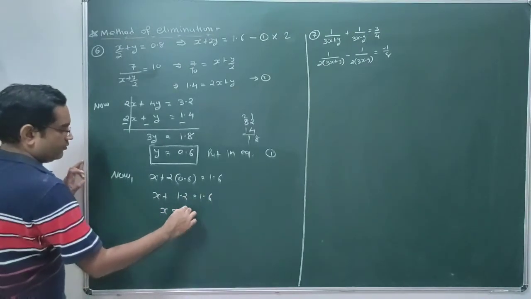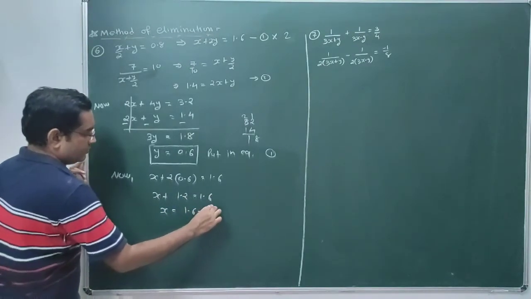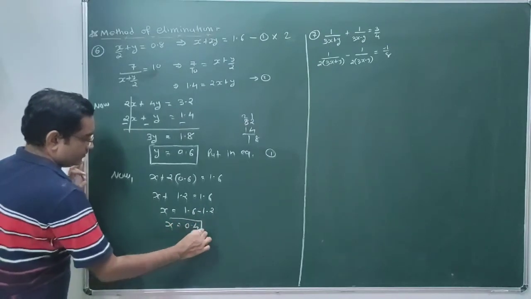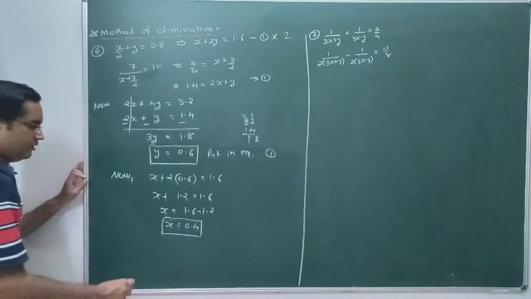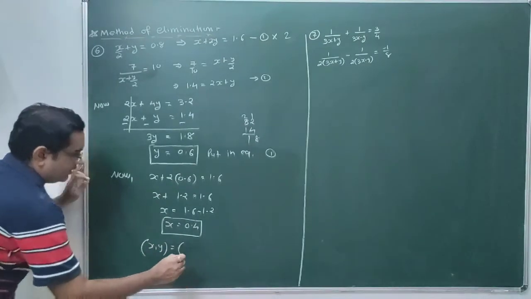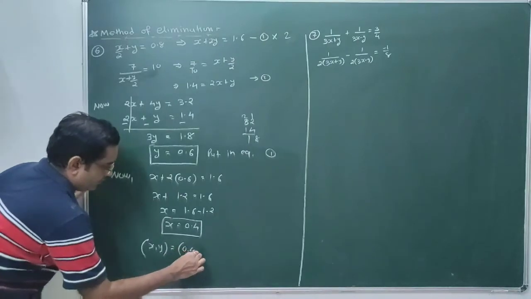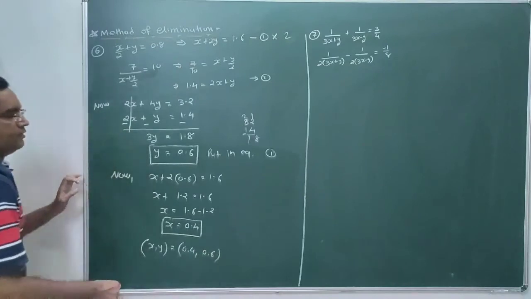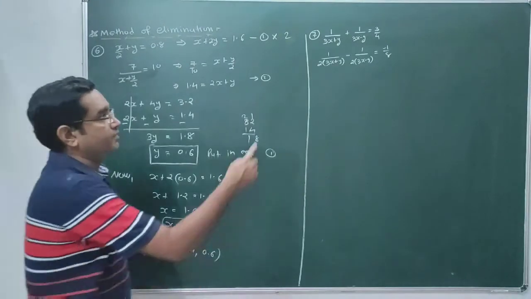So x equal to 1.6 minus 1.2. So x equal to 0.4. This is the value of the other variable. So our solution is the ordered pair (x, y) where x is 0.4 and y is 0.6. Clear friends?